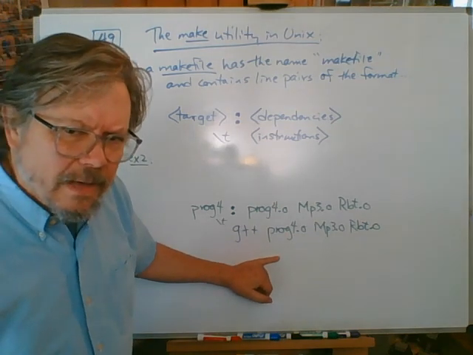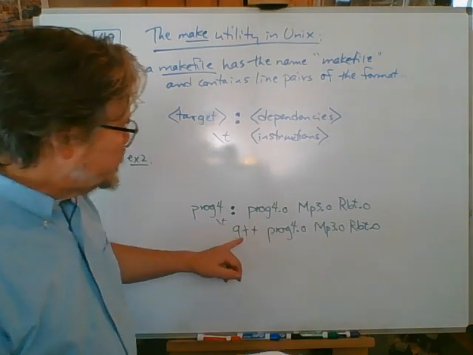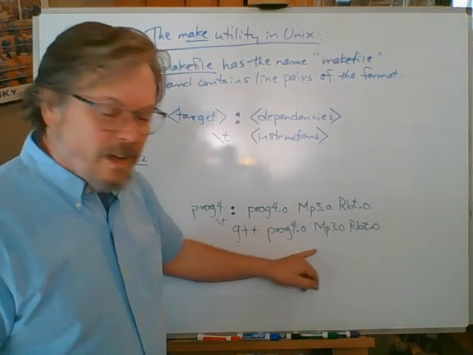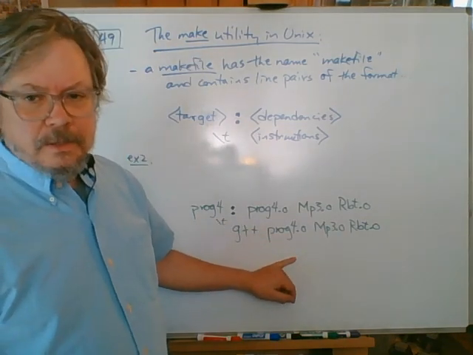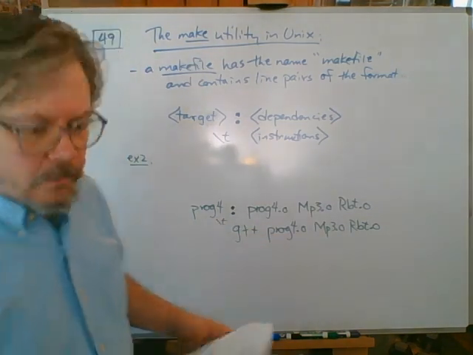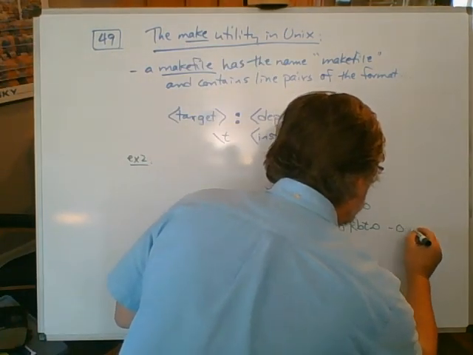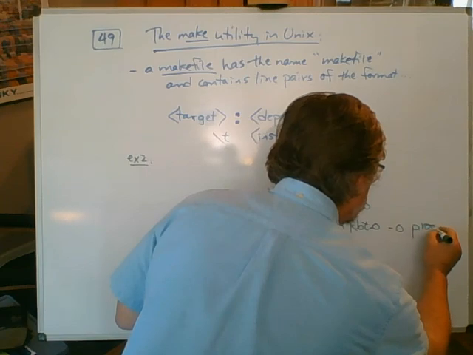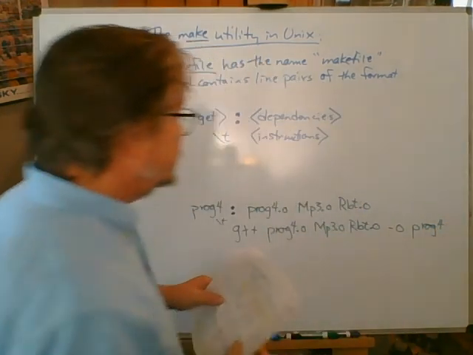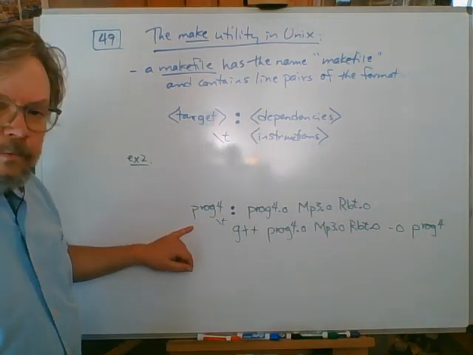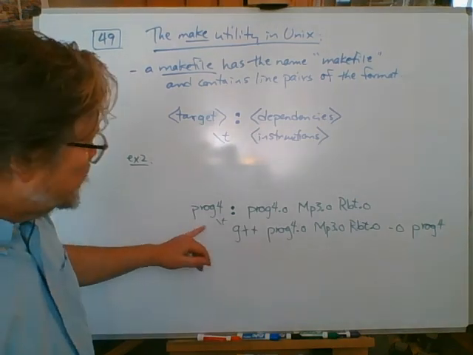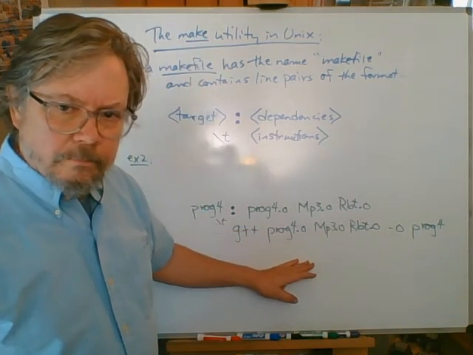Except if I do that, we know what will happen, right? If we say g++ and just specify a list of files, it's going to make it into an executable file called a.out. And that might be okay, but I'm going to say, you know what? Put it at -o, put it at a file named prog4, because that's the one I'm trying to update. If the program 4 executable file is out of date, I want to make a new one. This line says this is how you make a new one.